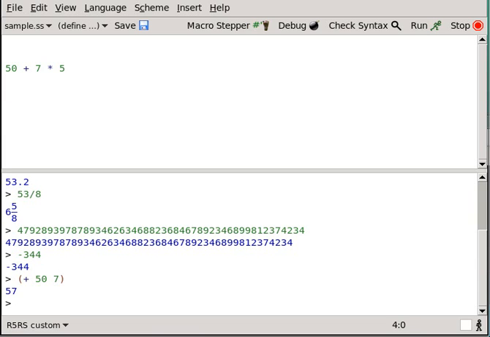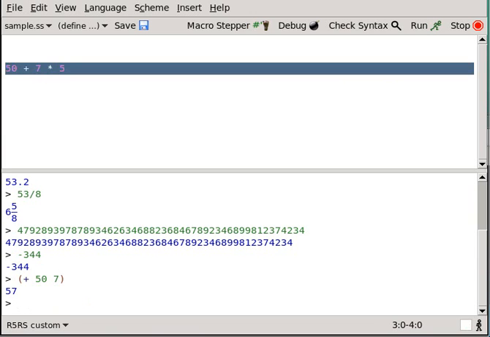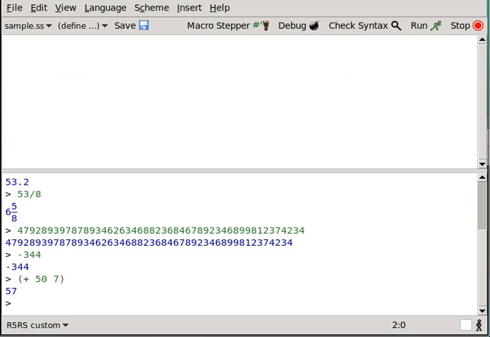So down here, let's say we do plus 50, and then you do this times 7, 5, and then you know that it'll do times 7 and 5 first, and then 50 plus that. It makes it so that in whatever you're writing down, you know the order of what's going to happen, unlike in regular arithmetic and in many other computer languages where you just have to memorize what's going on.